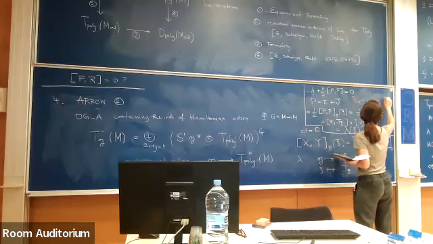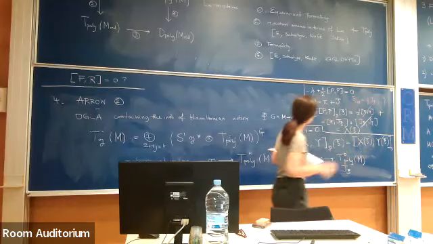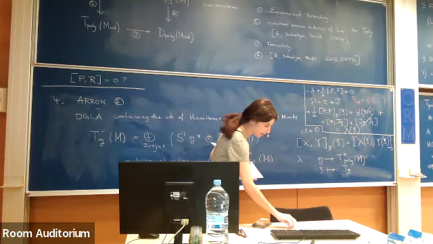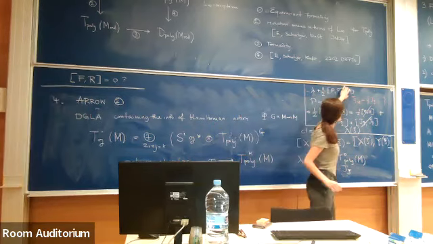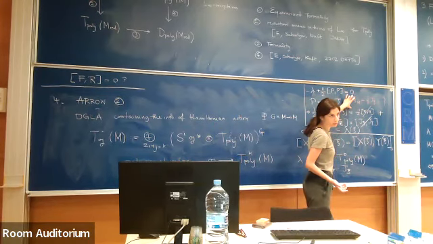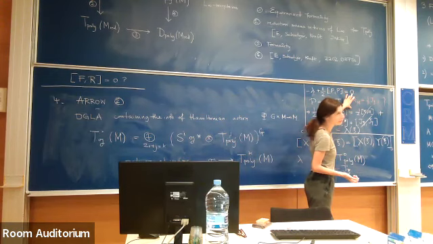The other way around, sorry. So you see, I'm saying that having a Maurer-Cartan element means exactly what we want, encodes the whole information of Hamiltonian action.